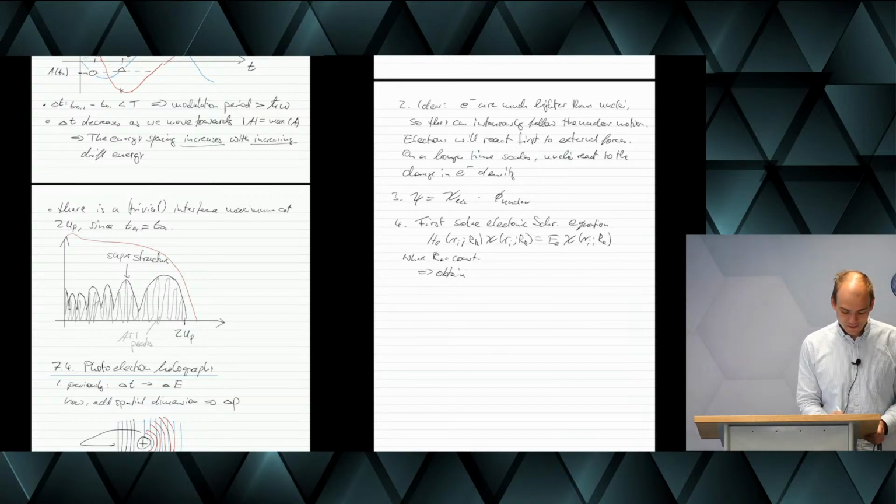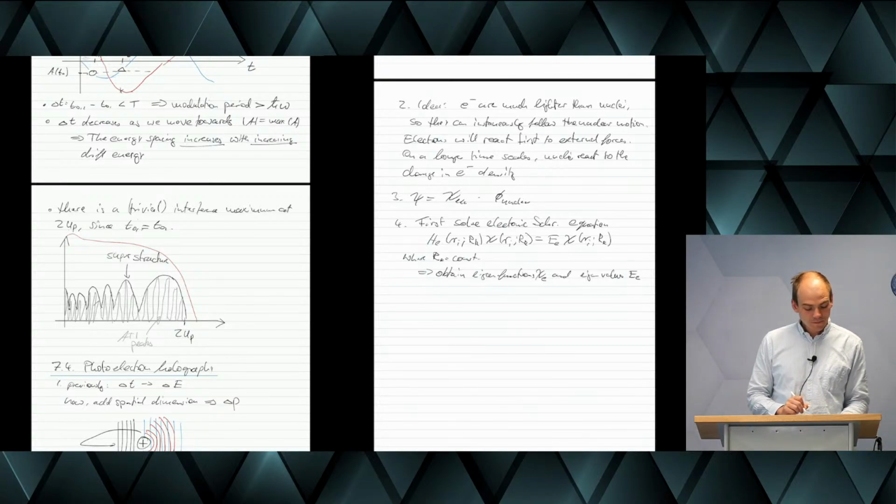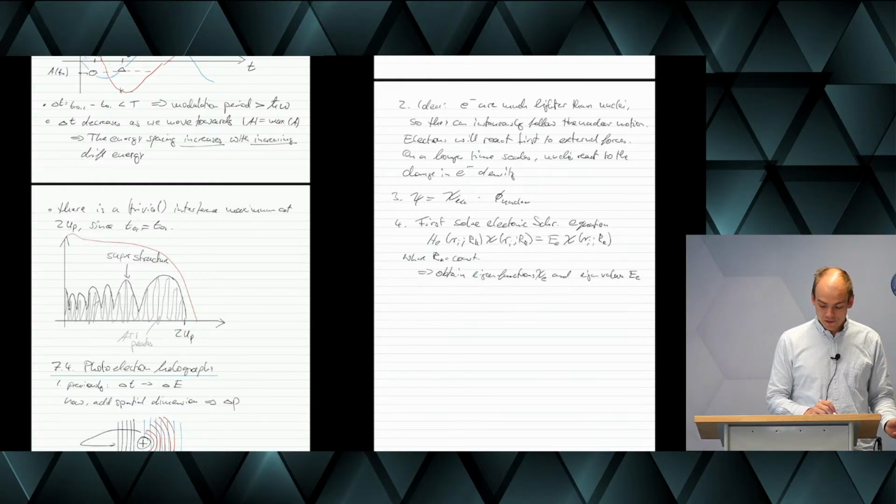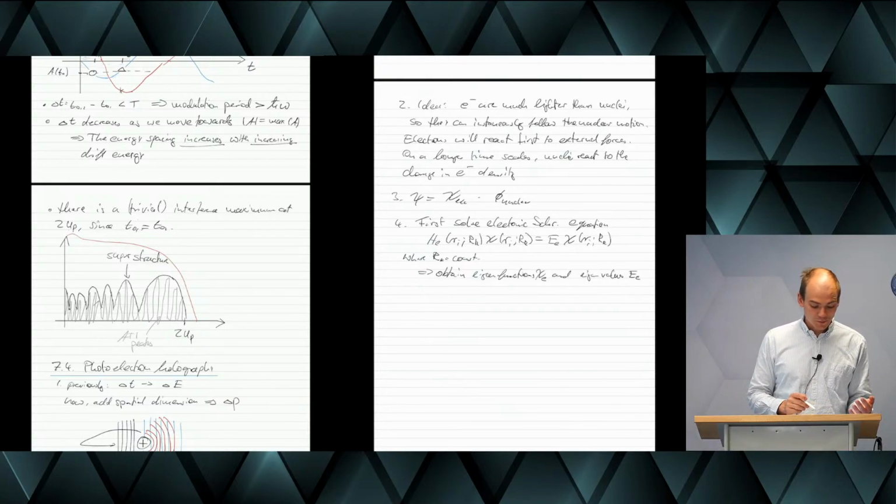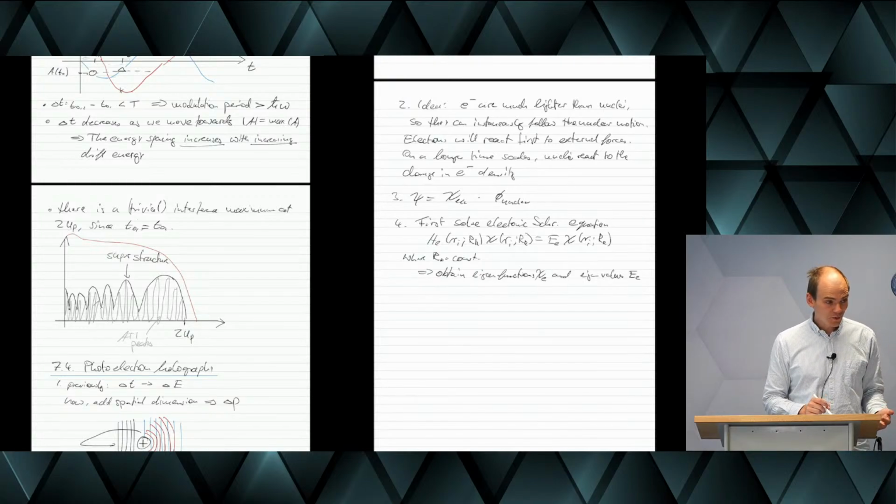Obtain eigenfunctions and eigenvalues. We call these EE. To be clear, what they would look like: the eigenvalue is, of course, simply a number.